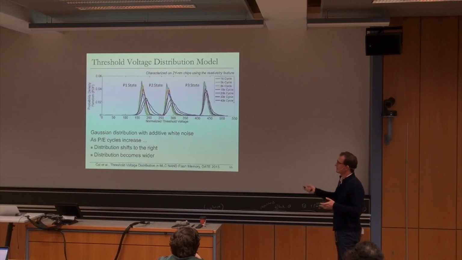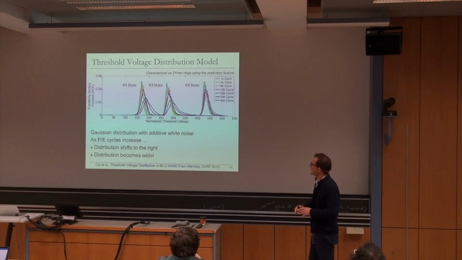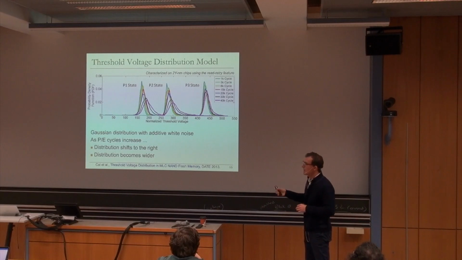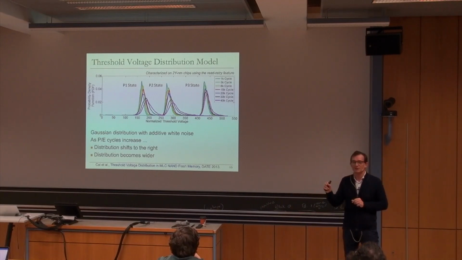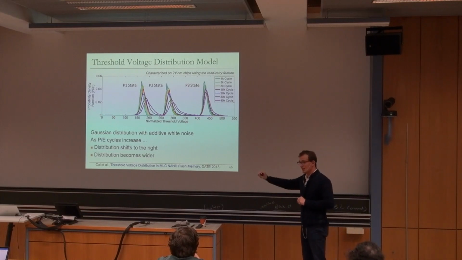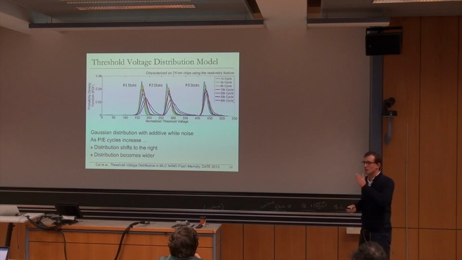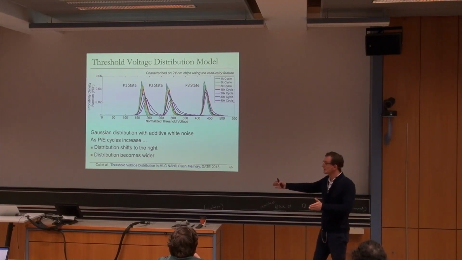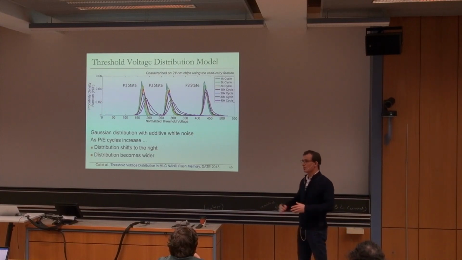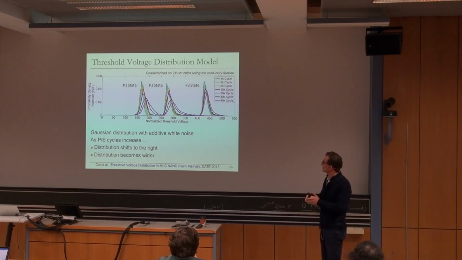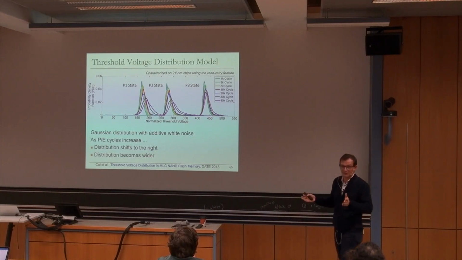This picture doesn't show it, but the paper actually shows that the mean and the standard deviation of the Gaussian distribution change exponentially with the program/erase cycles. Which means that at program/erase cycle X, you can predict the mean and the standard deviation of the same distribution after some time, like program/erase cycle 15K, for example.